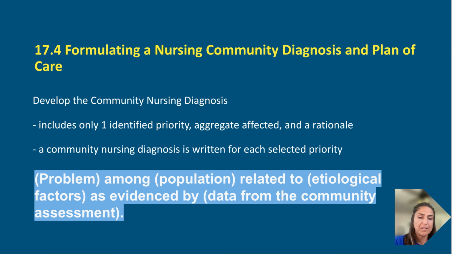So think about what are the underlying factors, and then as evidenced by. So you want to think about the community assessment. So for example, risk of type 2 diabetes among low-income adults in Central City is related to limited access of healthy foods, as evidenced by 30% increase of obesity prevalence compared to the state's benchmark. So this approach allows for concise, evidence-based, actionable information and plan of care.